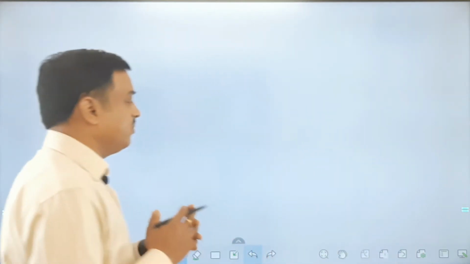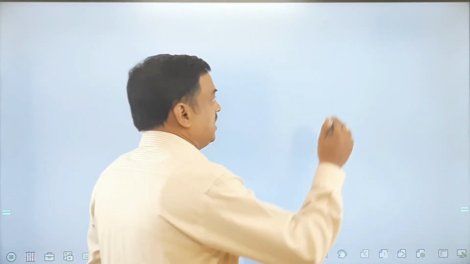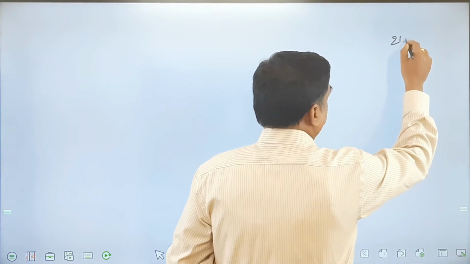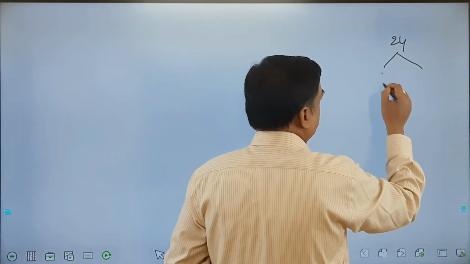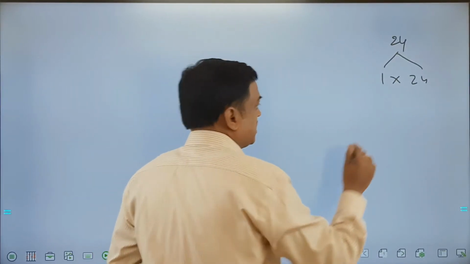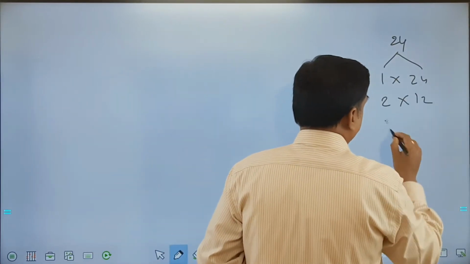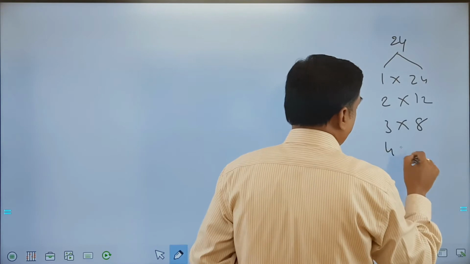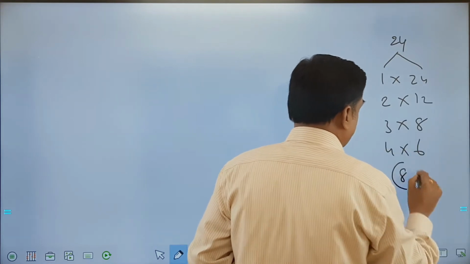First, we'll see the alternate method to find the number of factors. For reference, take the number 24: 1 into 24, 2 into 12, 3 into 8, 4 into 6. The total number of factors is 8.